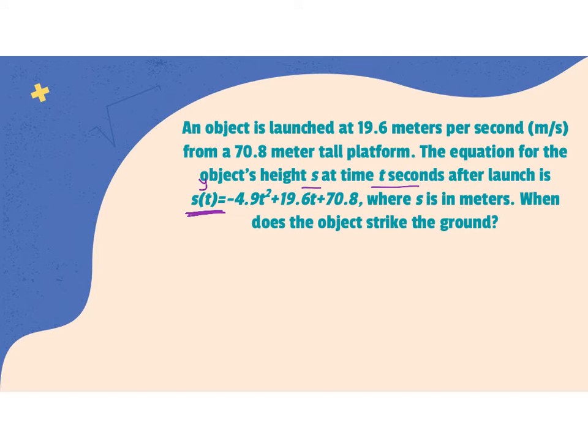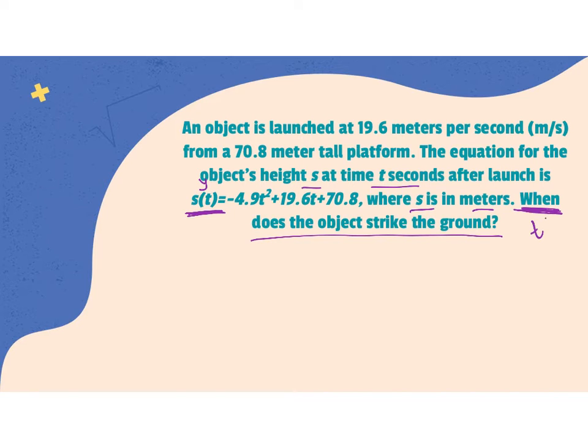We could have written that as a y variable if we were using x and y here, but this is the height after t seconds is what that means there. The equation looks like negative 4.9 t squared plus 19.6 t plus 70.8, where s is in meters. Okay, when does the object strike the ground?